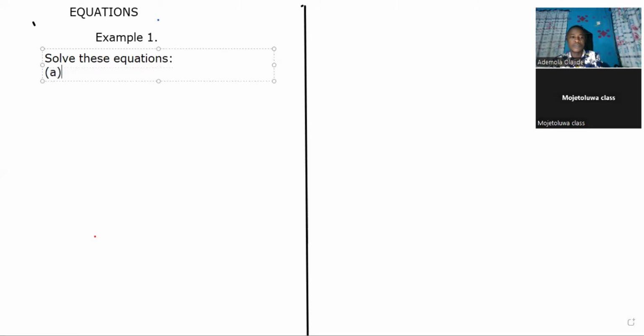The A part of the equation says you want to solve for 5y equals 30.